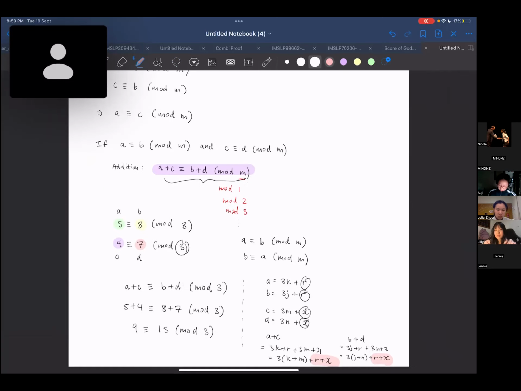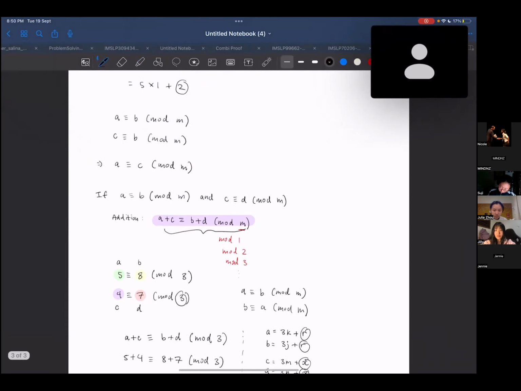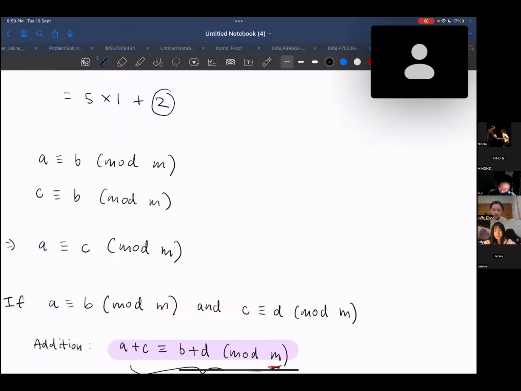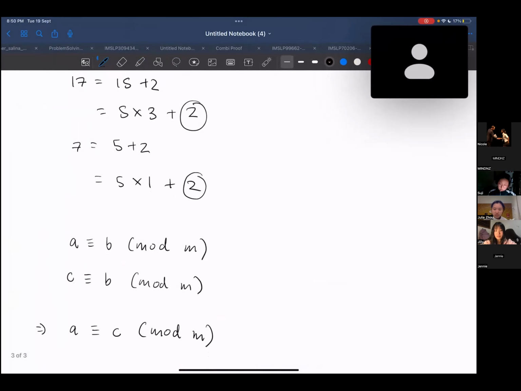I'll just do a quick recap on the mod thing that we learned earlier. Mod is essentially, given a certain modulus m, and a and b, b is either the remainder when a is divided by m, or when a and b are both divided by m, they share the same remainder.